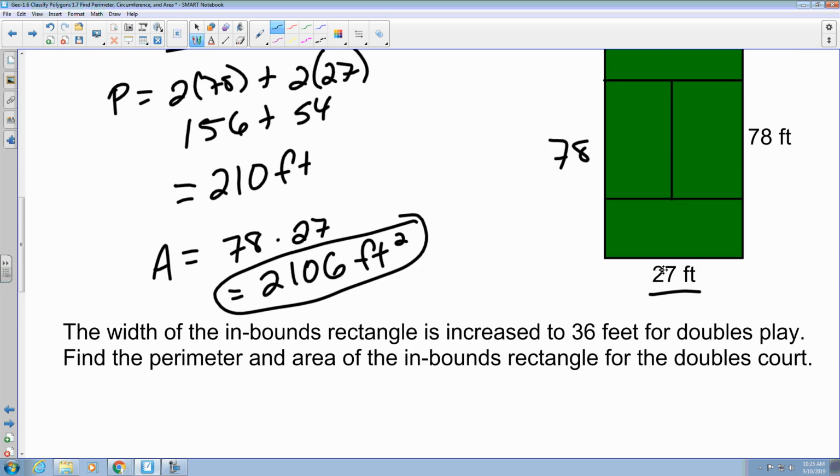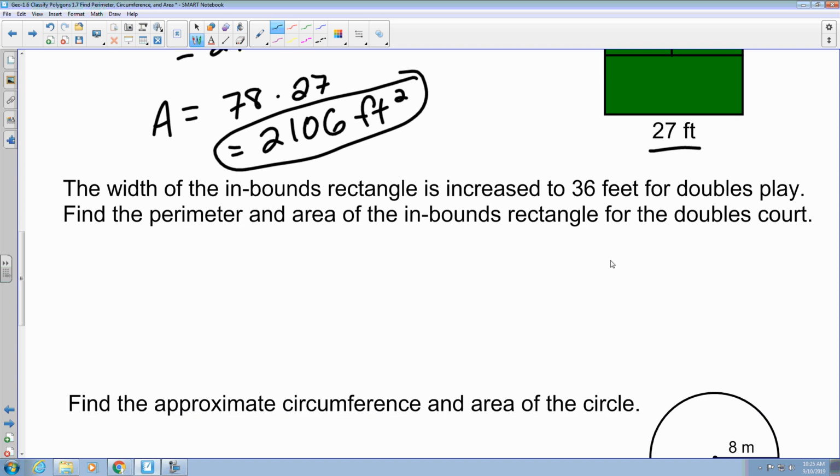On the bottom here, it says the width of the inbounds rectangle is increased to 36 feet for doubles play. Find the perimeter and area of that. So basically the length still stays at 78, but now instead of 27, it's 36.